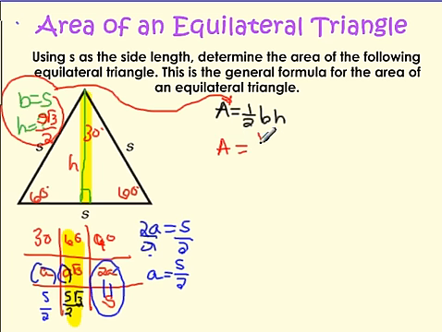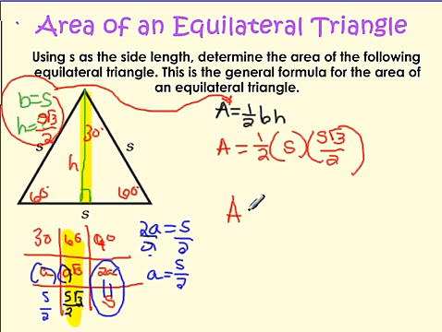And we get area is equal to 1/2 our base being S and our height being S root 3 over 2. We can simplify this to come up with a new area formula for just equilateral triangles using the side length. When we do this, we get S squared radical 3 over 4.